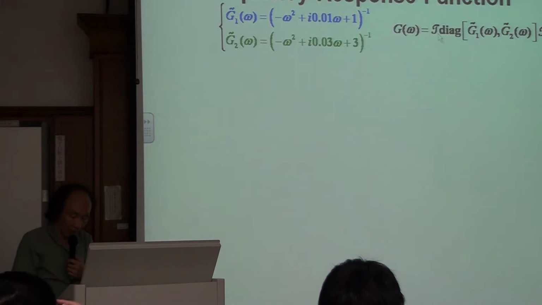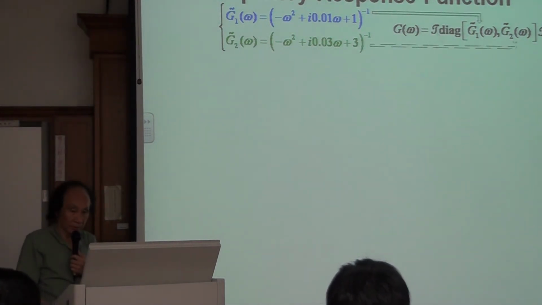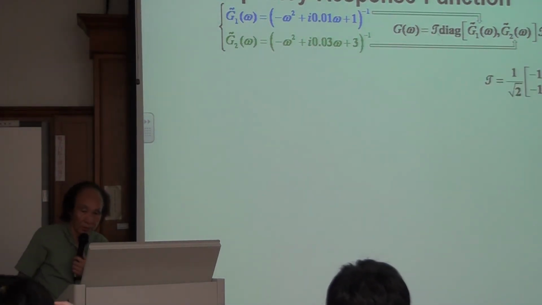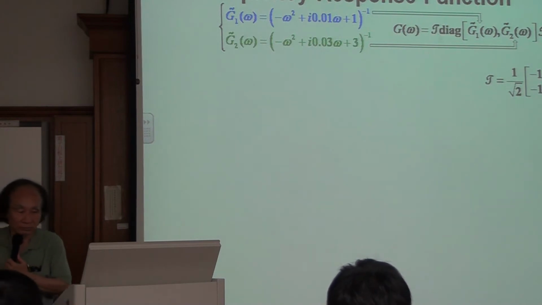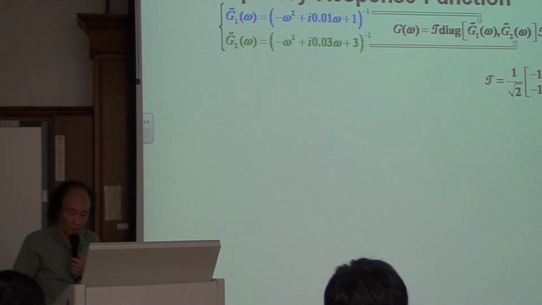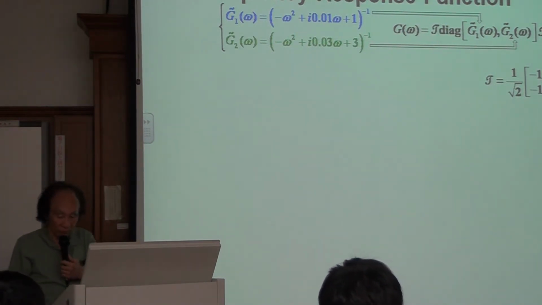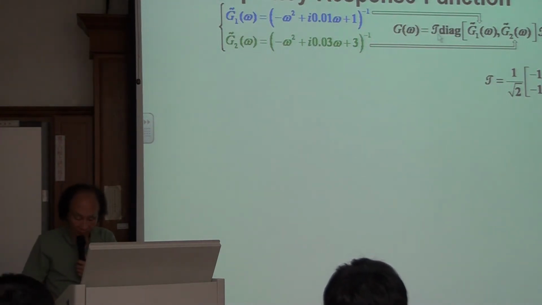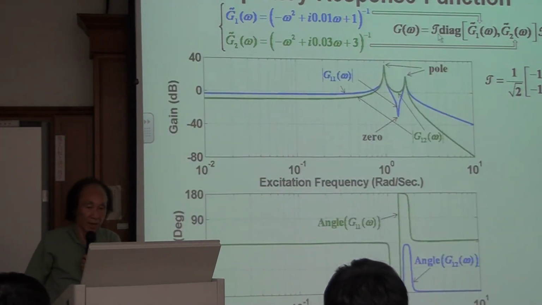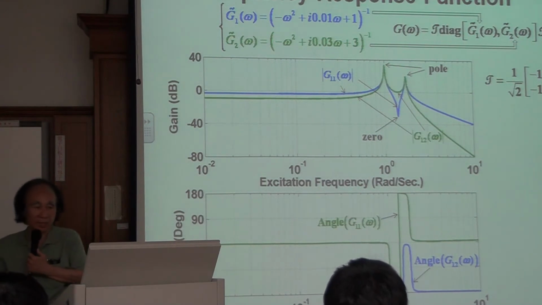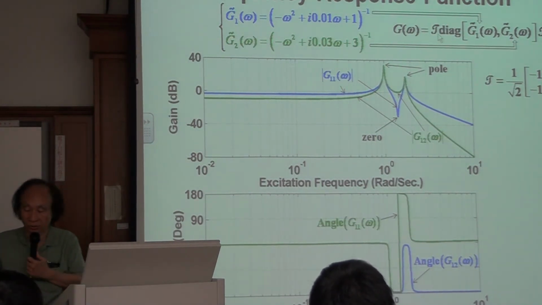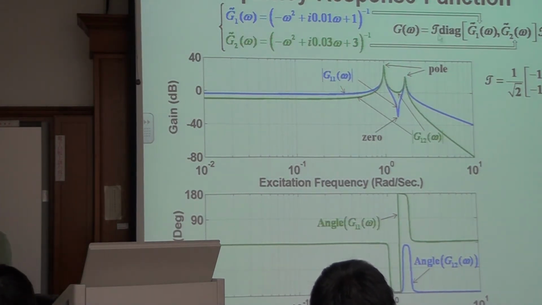So those are the differences. And the transform matrix T is 1 over square root of 2, because that's just a transpose. If you do that, then you will get identical results, the same as your original physical coordinates.